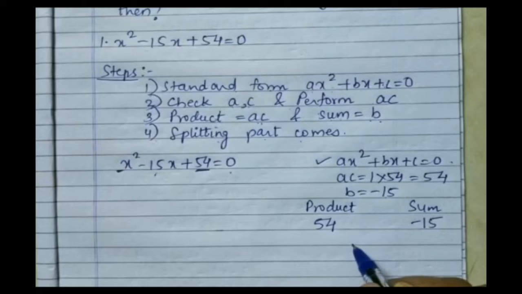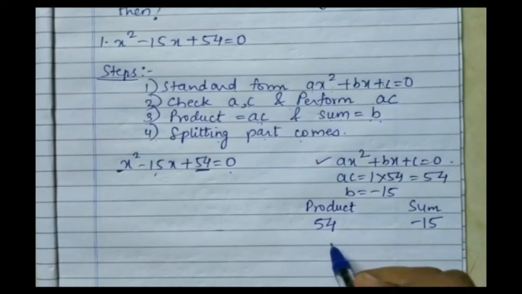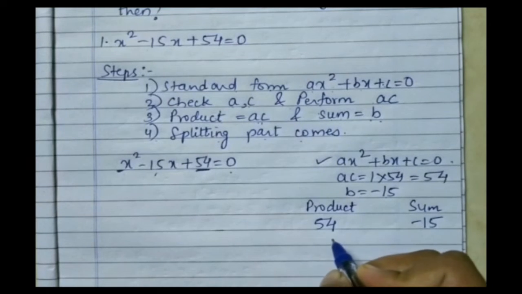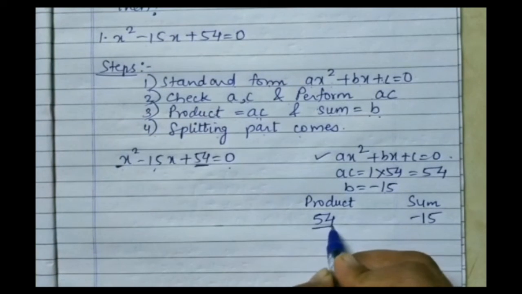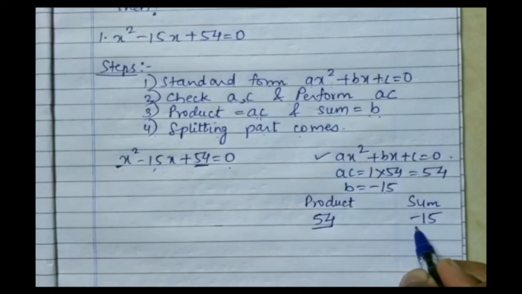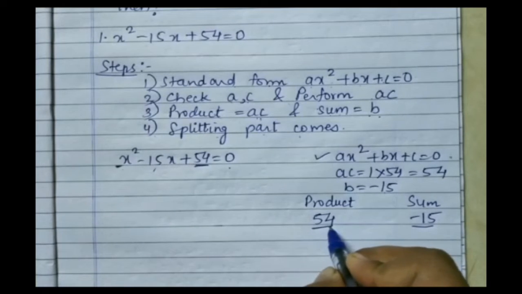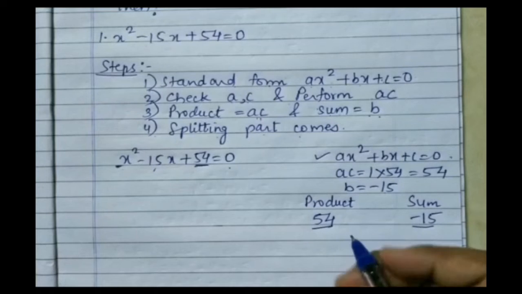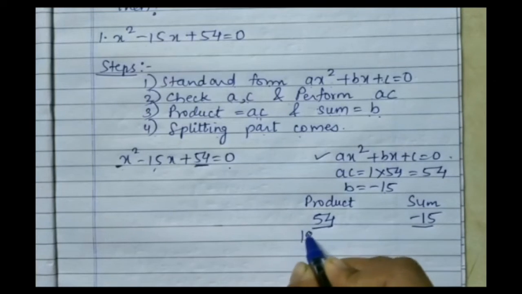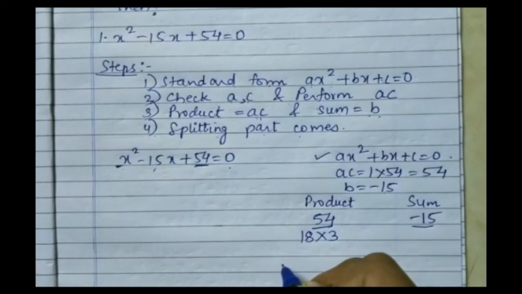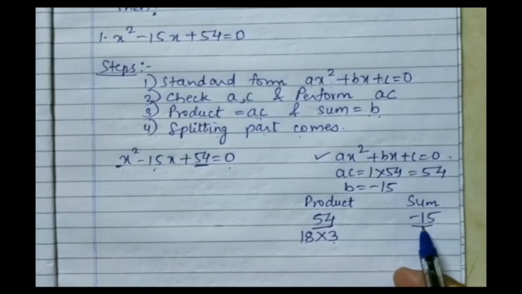Now what splitting you have to do is, you have to think of two numbers or two integers that are going to give me the product 54, and when I sum them up or subtract, I should be getting minus 15. So what gives me 54? Say for example 18 and 3 give me 54. But in any way, are 18 and 3 going to give me minus 15?